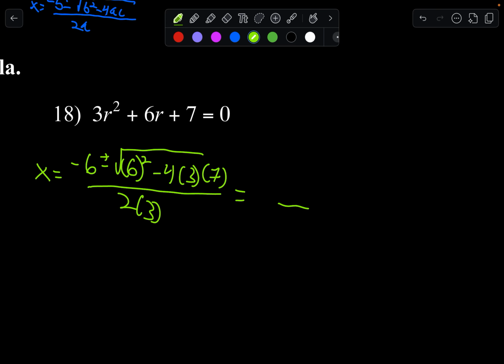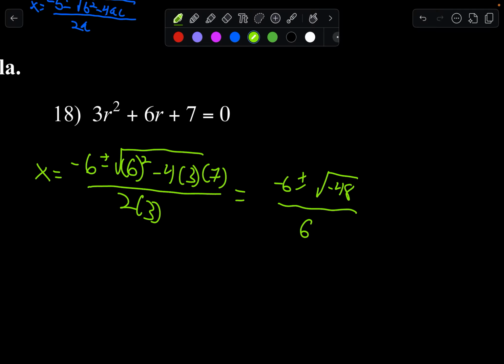So this is going to equal, it's all over 6, because 2 times 3 is 6. Then we have negative 6 plus or minus the square root of 6 squared minus 4 times 3 times 7. That works out to be negative 48.